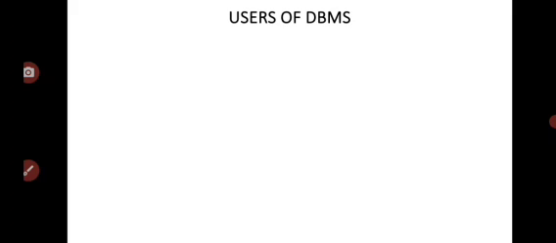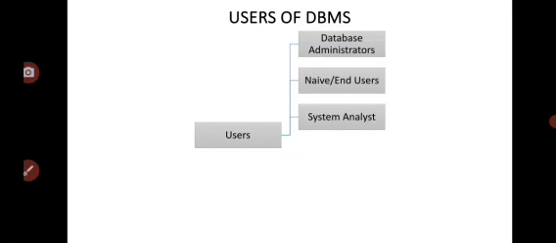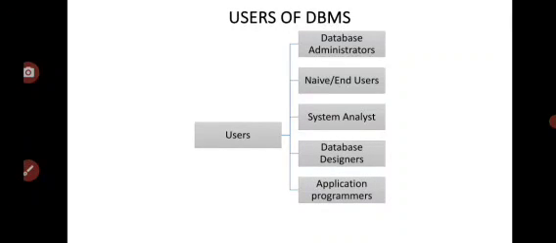Users of database management system. The users of database management system are database administrators, naive or end users, system analysts, database designers, application programmers, and sophisticated users. So these are all the different types of users that we come across.